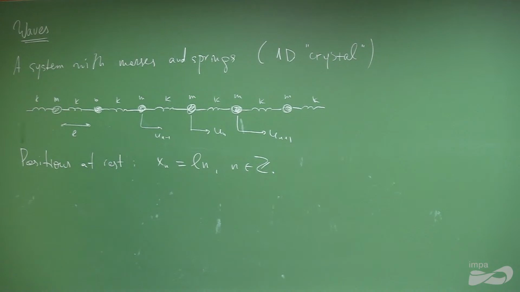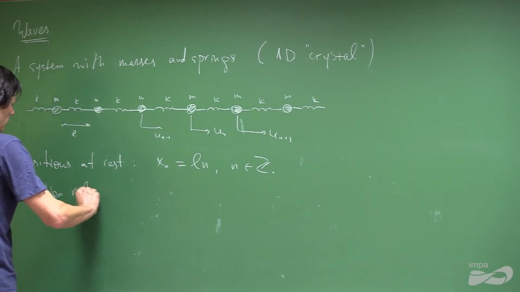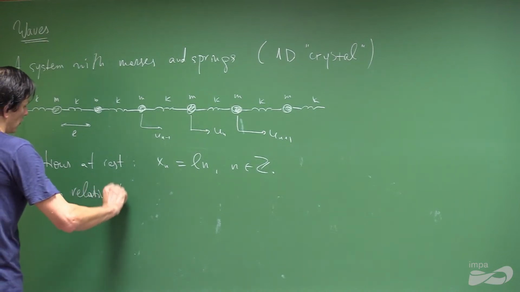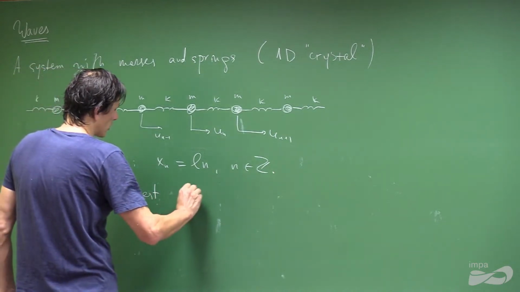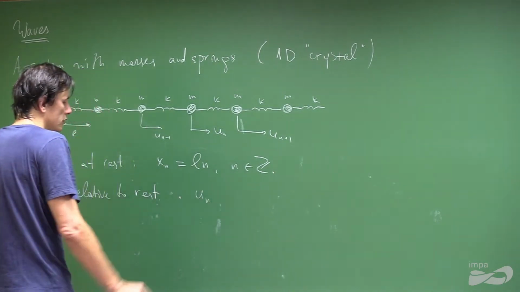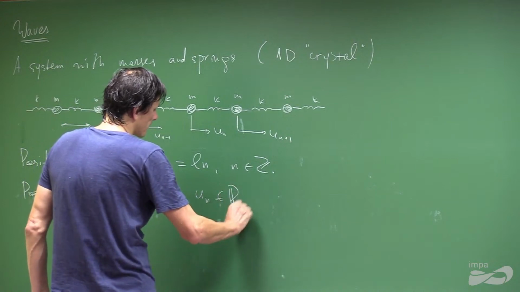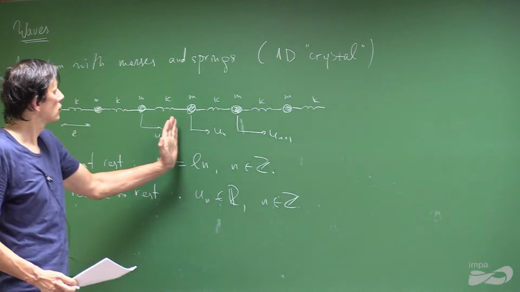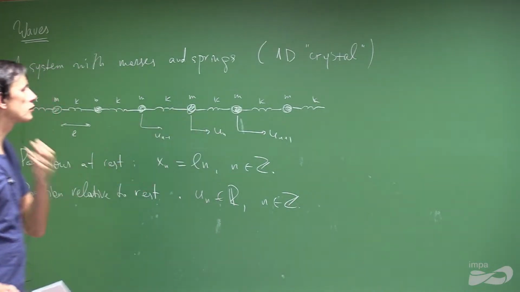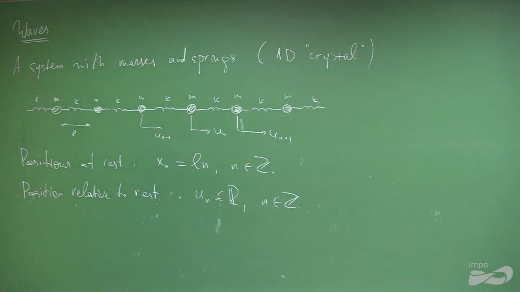So u is the position relative to the rest, to the equilibrium, given by u_n. So u_n is some real number, which is given for each mass. u_n is how much the mass is moved to one side or another relative to the equilibrium.